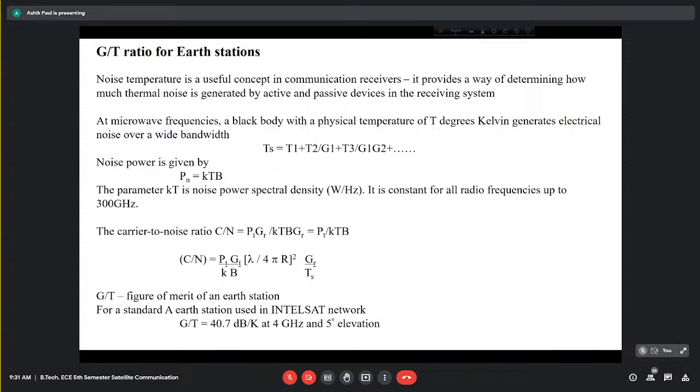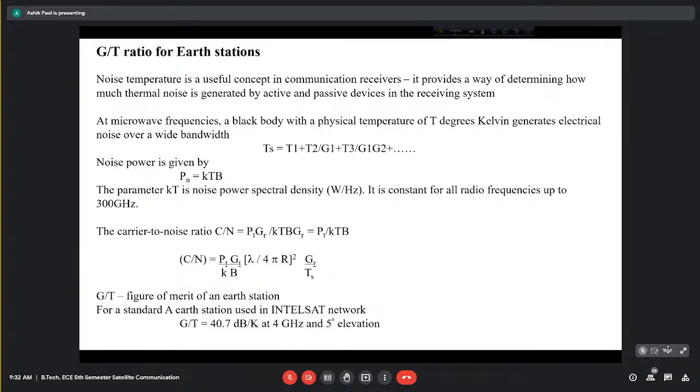And while specifying this G by T ratio for the earth station, the corresponding frequency and the elevation are also specified. This elevation is important, because as we are trying to track a signal from a satellite, when we go to very low values of elevation angle, that means the ray path is almost grazing the surface of the earth, or passing a long distance through the lower part of the atmosphere, the possibility of additional noise being introduced into that signal increases.